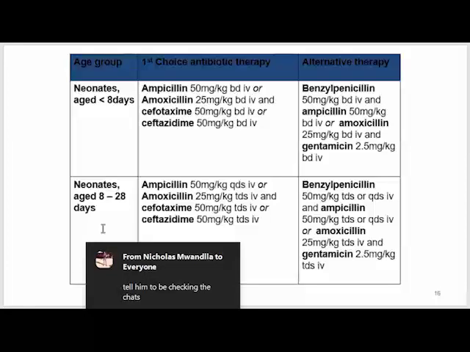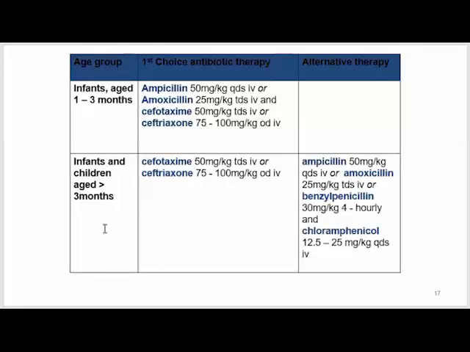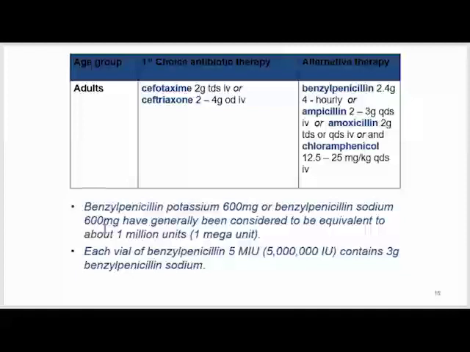Okay. So in summary, that's the table for the choice of antibiotics and alternative therapy. So we have the first choice and second choice, giving the summary of what we have discussed.